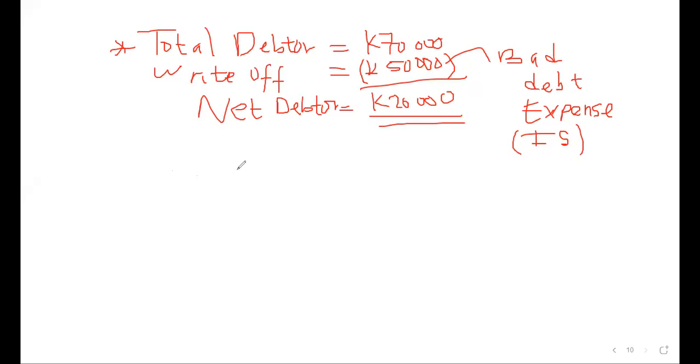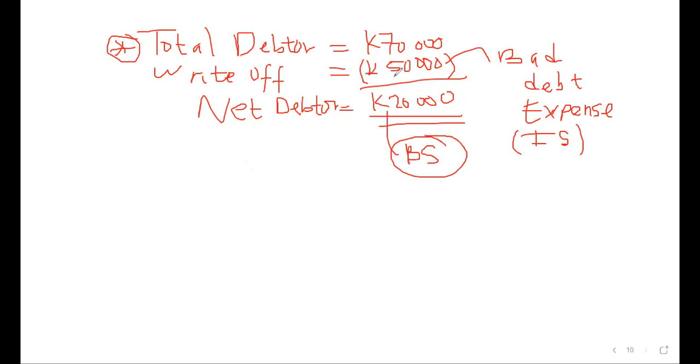You've subtracted the total debtors to get the 20,000. So the 20,000 goes where? To the balance sheet, that's the net debtors. This net debtors will go to the balance sheet to indicate the good customers that we have now, because we have already written off the 50,000.